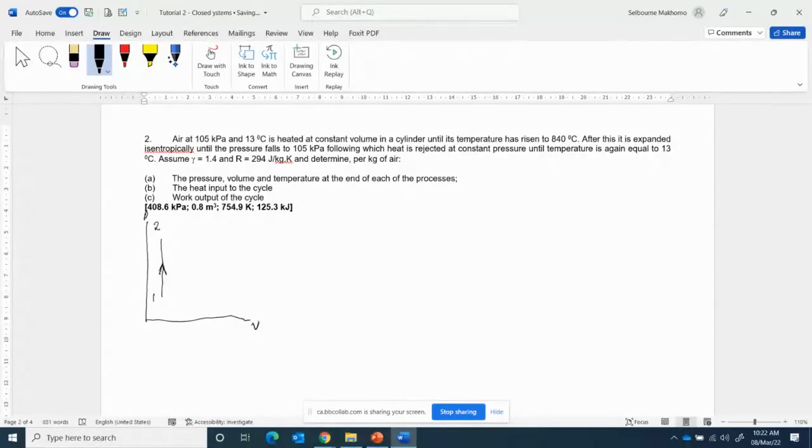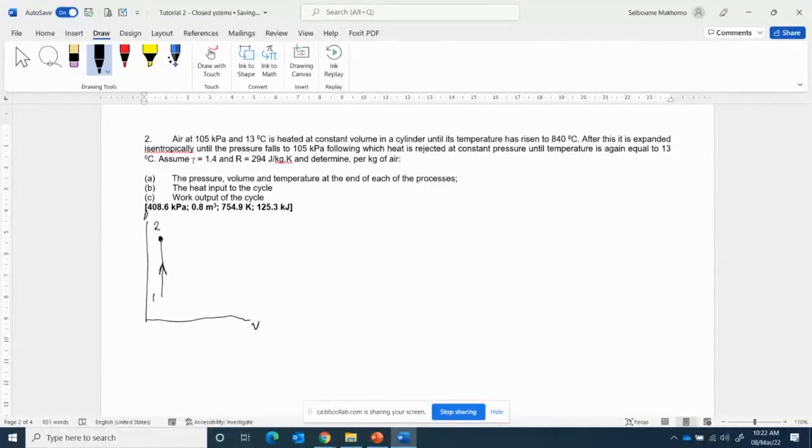In other words, T2 is 840. At this point, we don't have pressure, but we have temperature, which is 840.